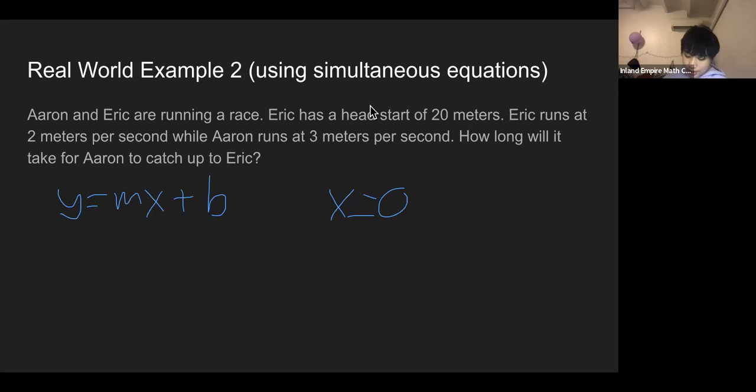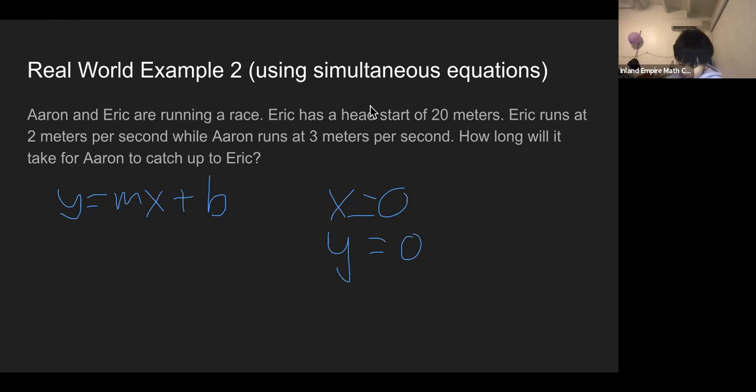And when x equals 0, Aaron starts at y equals 0, right? Because when 0 seconds have passed, he has run 0 meters.